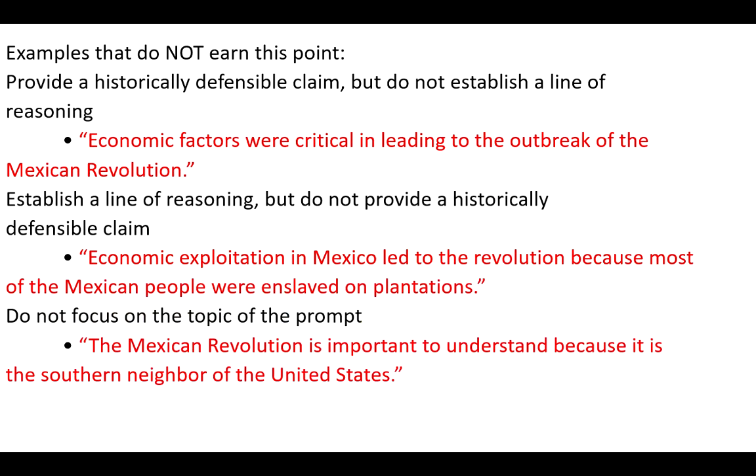Now, these do not earn the point. This is from the College Board. Here's one that did not score the point: "Economic factors were critical in leading to the outbreak of the Mexican Revolution." So it took a side, but it didn't list the topics. "Economic exploitation in Mexico led to the revolution because most of the Mexican people were enslaved on plantations."